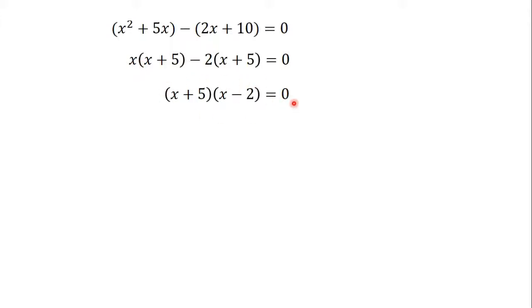So to solve this equation, we equate the content of the first bracket, which is x plus 5, to 0, and that will give us x is equal to minus 5. We do the same thing for the second one. x minus 2 is equal to 0, and that will give us x is equal to 2. So solving this quadratic equation, we have x is equal to minus 5 or 2.